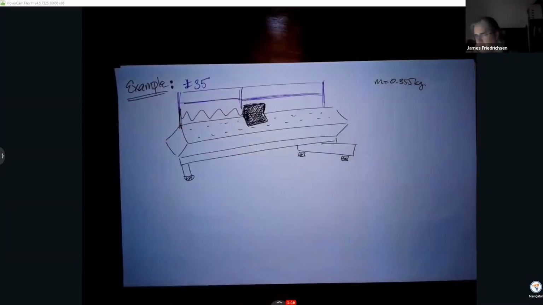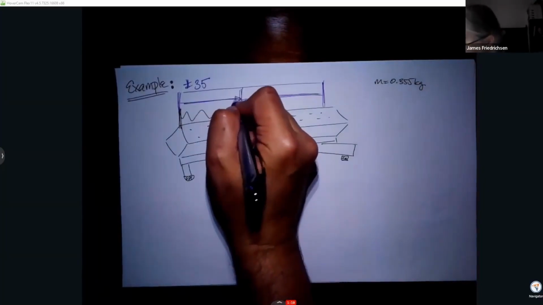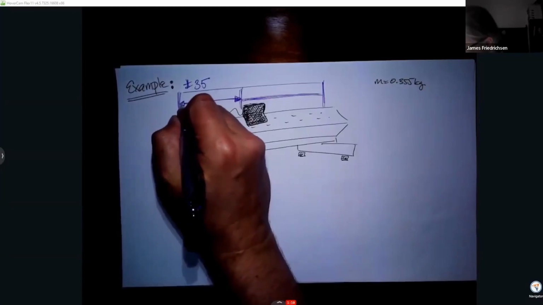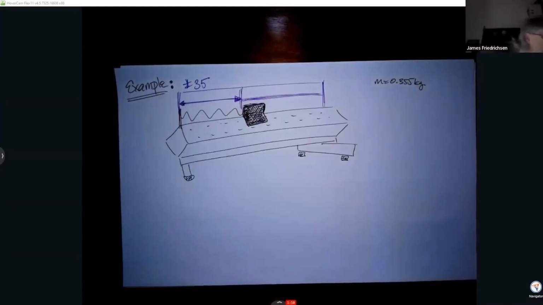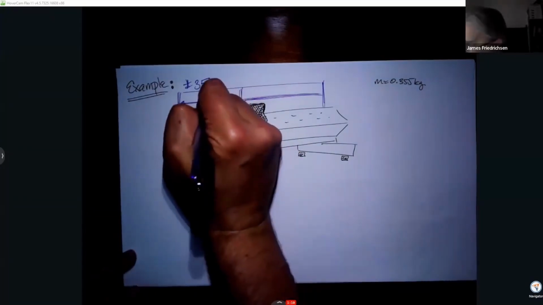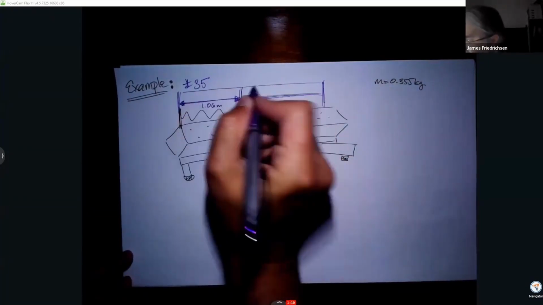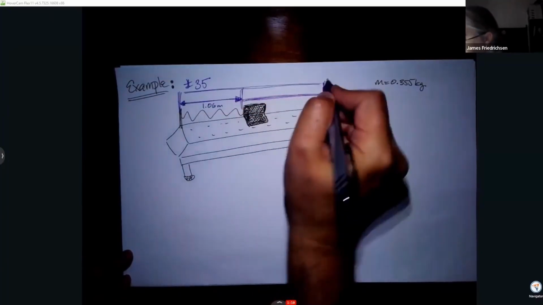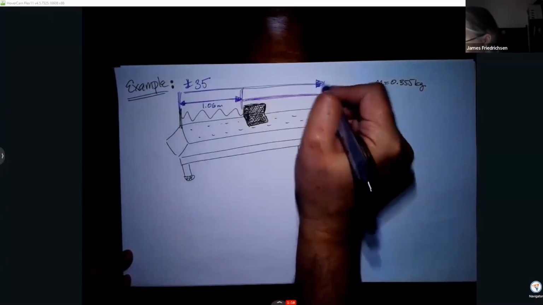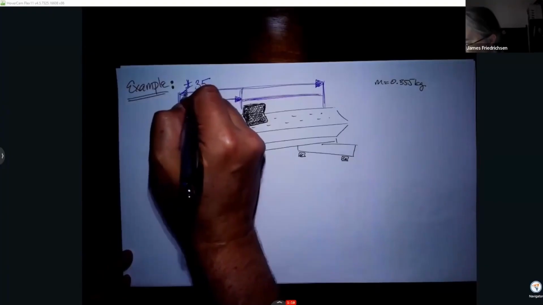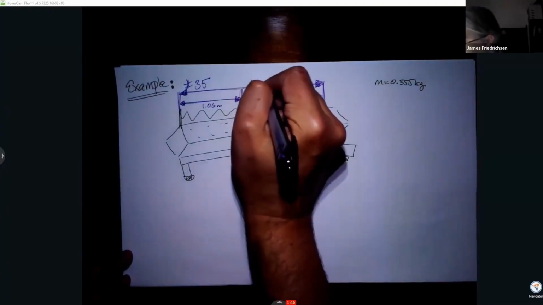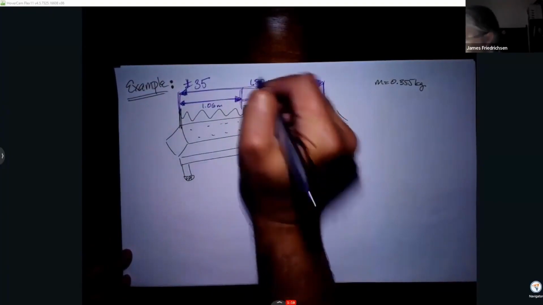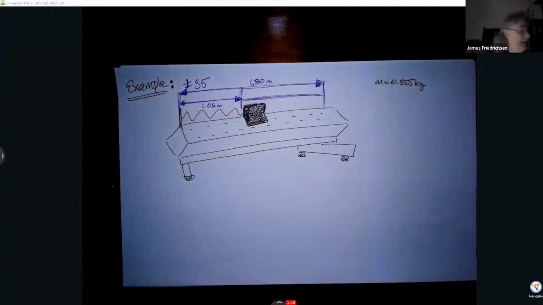They say that this piece was 1.80, and this will be the 1.06 meters. And then it says that the period of the oscillation is 2.15 seconds.